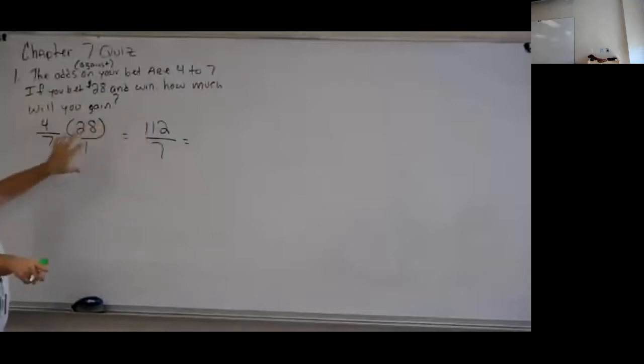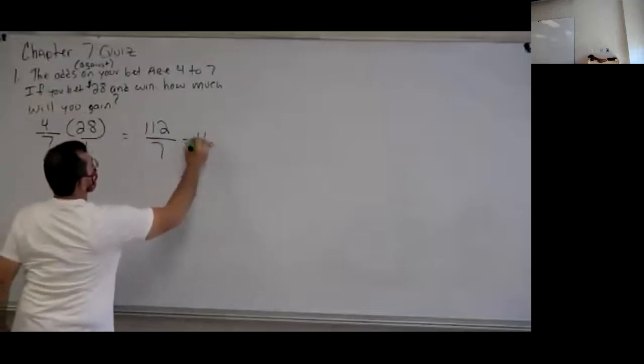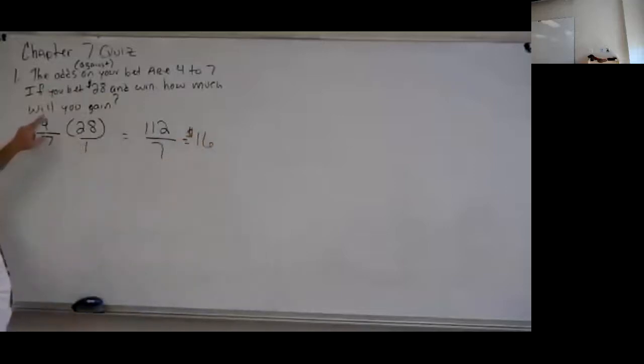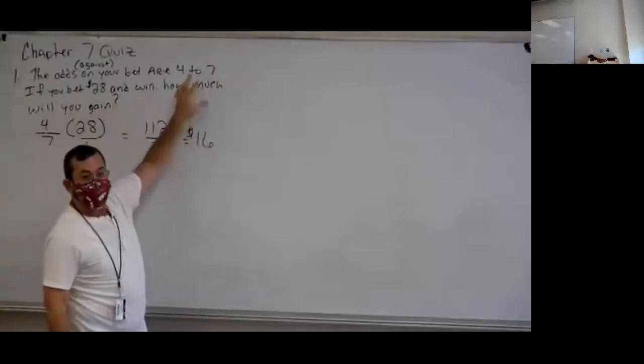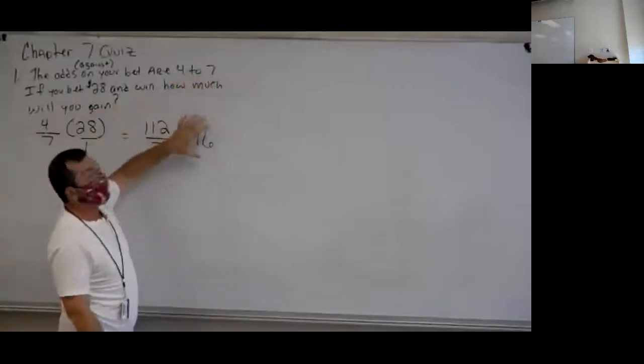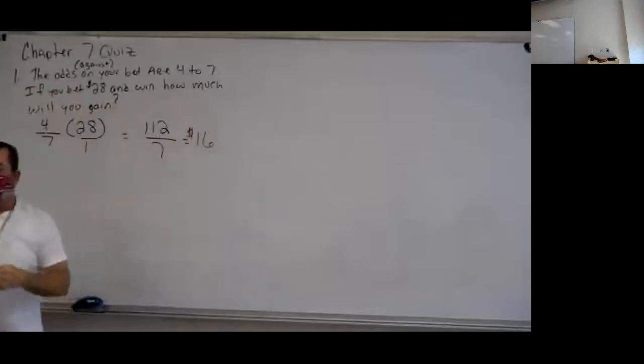Okay. Now, I'll show you a different way. And then let's see, 112 divided by 7 would give me $16. So what that means is, if you bet $28 and the odds are 4 to 7, you're going to win 16. So 16 plus the 28 that you originally bet would give you back, what, like $44 or so?